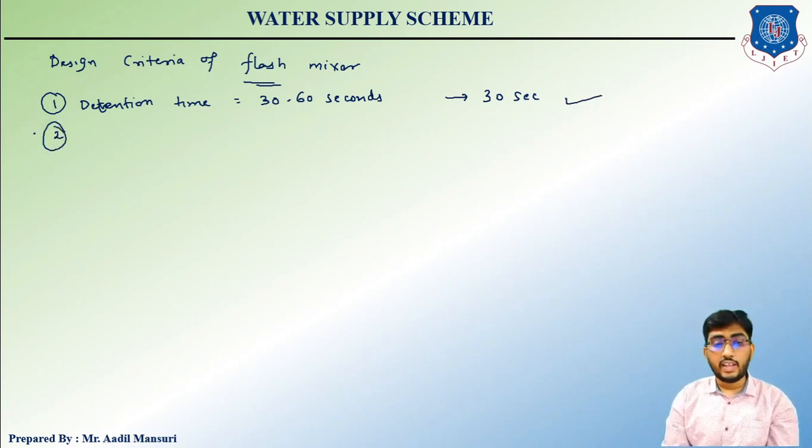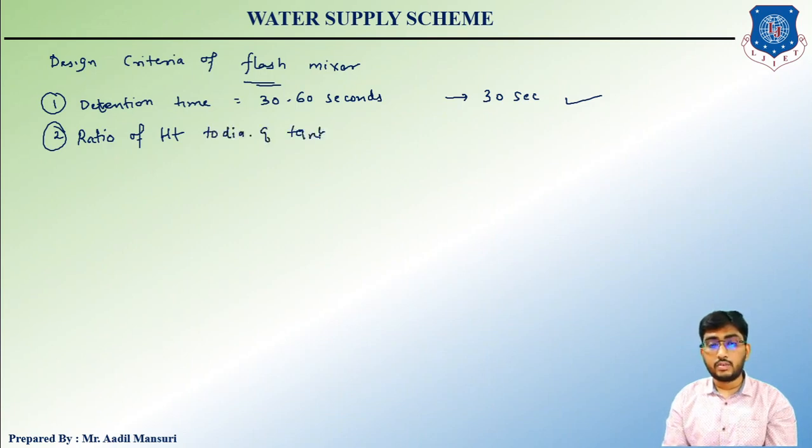Okay, then second one, ratio of height to diameter of tank. This is usually 1:1 to 3:1. You can go for 1.5:1.